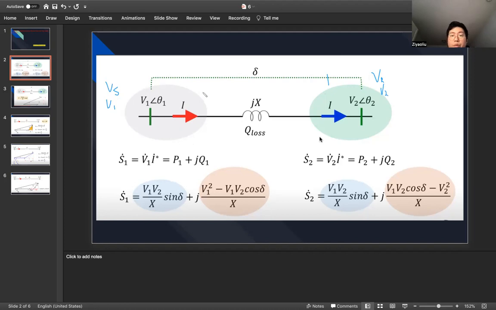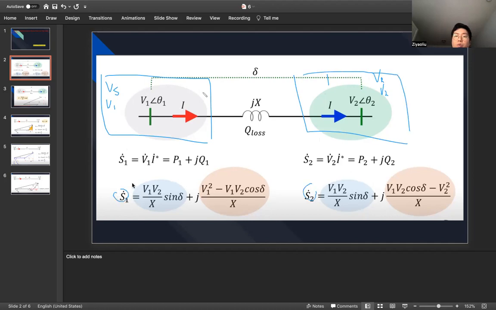You may see this equation later. This is the sending part S1 and receiving S2. We already learned why we need the conjugation in the previous lecture, and then I will show you how to find this out.